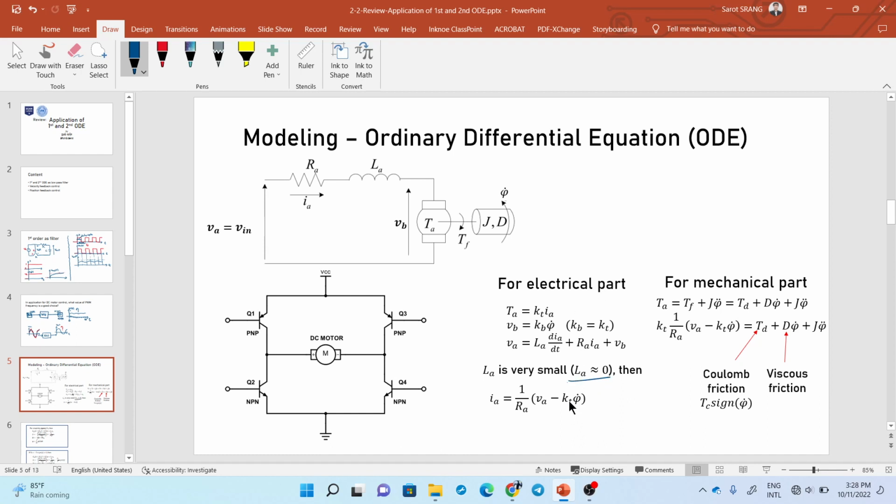Because usually inductor is very small, with a scale of like millihenry or even 0.001 millihenry, so very, very small. You can ignore it, then you can derive the dynamic equation for DC motor to be just first order in terms of phi dot, in terms of angular velocity. Okay, in terms of angular velocity, the equation is first order, but in terms of position, it is second order.